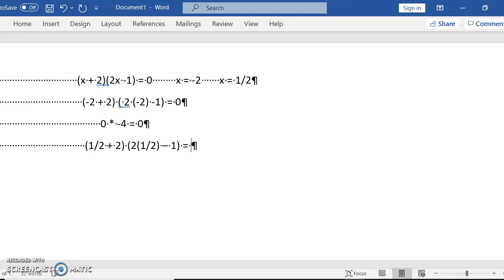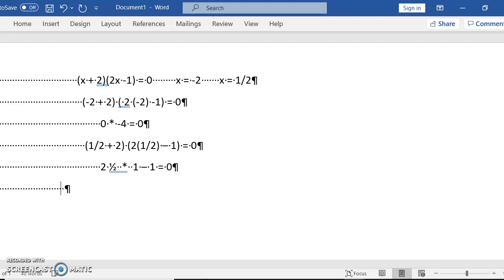That should equal to 0. So does it? Well, 2 plus 1/2 is actually 2 and 1/2. And I'm multiplying that to 2 times 1/2, which is 1, positive 1, minus 1, which is equal to 0.